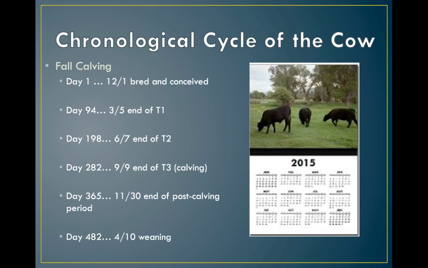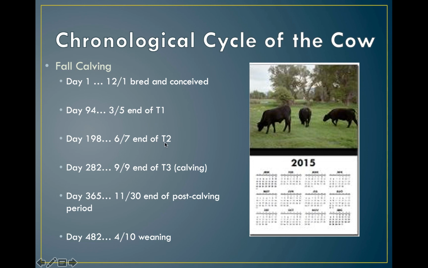So on a fall calving schedule, basically the months just switch. So the trimesters stay the same, but the days of the trimesters and the month that the animal is actually doing a specific activity are going to change because we're changing calving seasons. So for example, in a fall calving situation, day 1, so the day that that cow is bred, if that was December 1st, she was bred and conceived, then day 94, the end of trimester 1, would be March 5th.